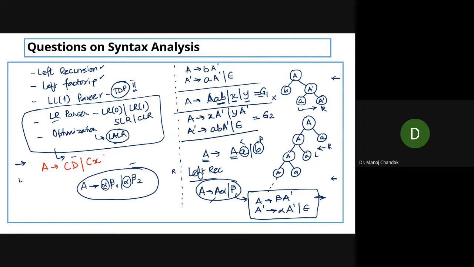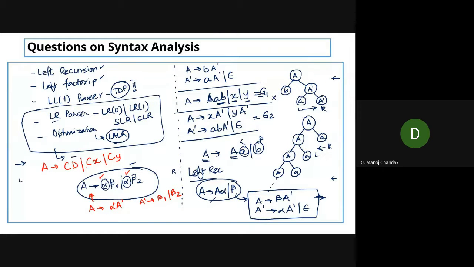And maybe capital CY, and so on. So the rule will be modified as A tends to alpha A dash. And A dash tends to beta 1 or beta 2. So then there is only one rule which starts with alpha. If there are multiple rules which start with alpha, the compiler gets confused which rule should be used.